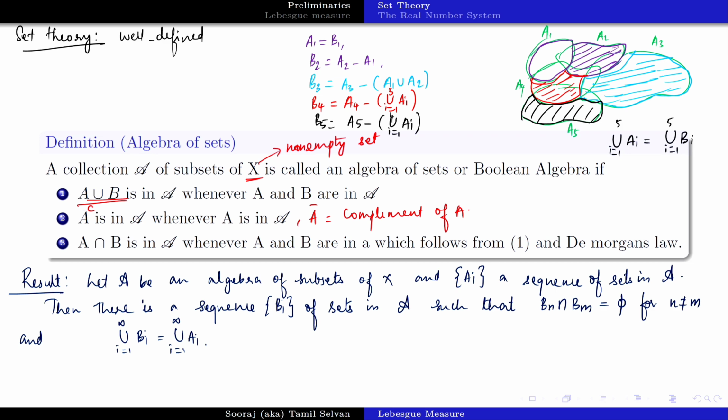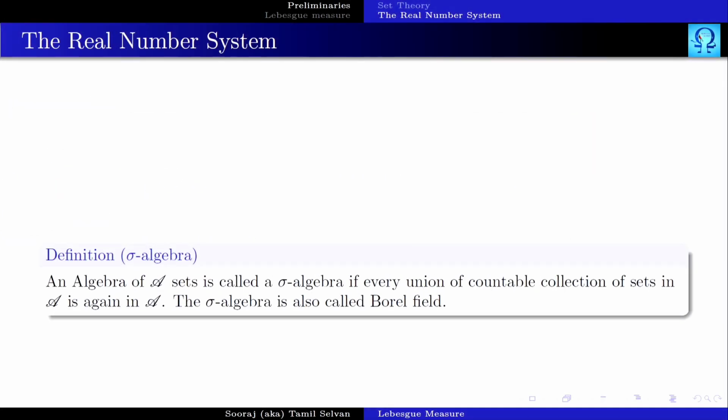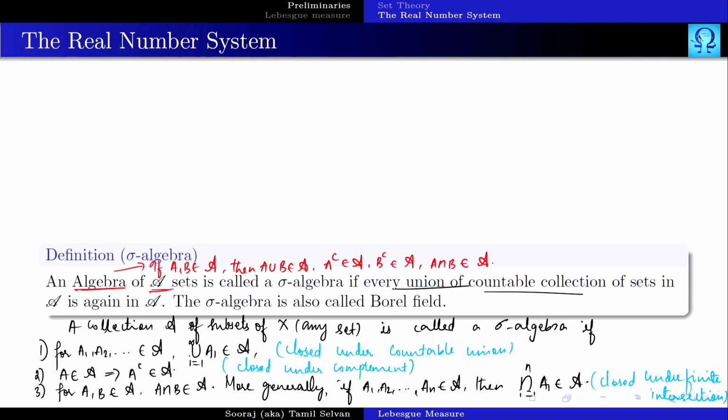Moving further, now let me produce some examples of sigma algebra. From these two definitions you may very well see that all sigma algebras are algebras, whereas the converse need not be true.